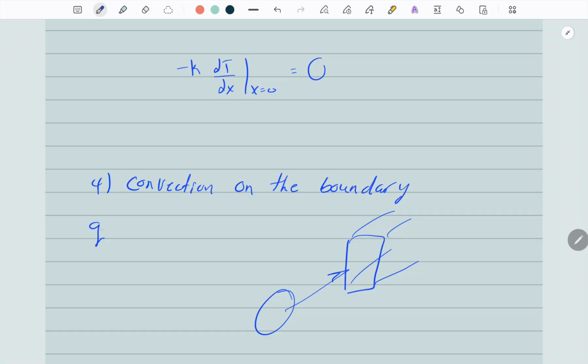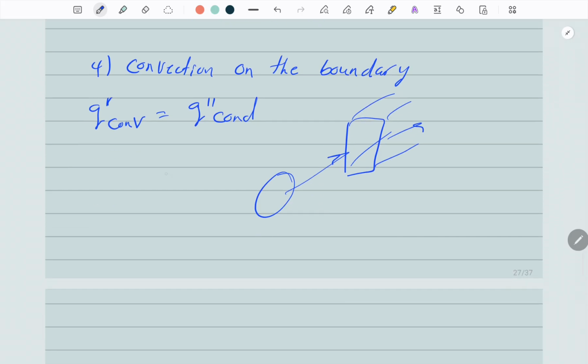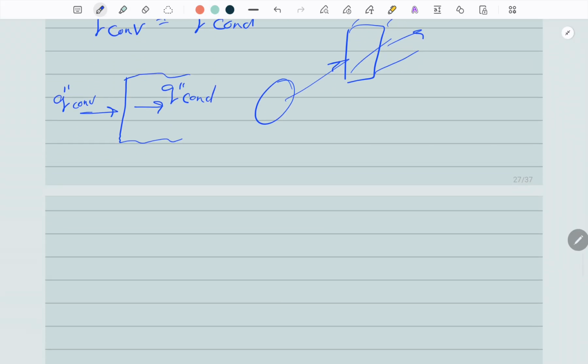Therefore, your convection heat flux will equal the conduction heat flux entering. So, for example, your convection heat flux flowing in will equal the conduction heat flux flowing in.